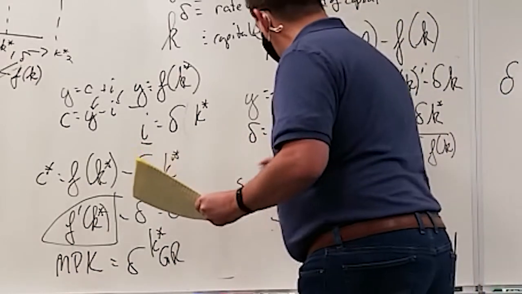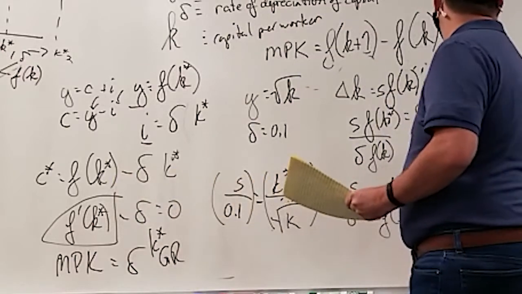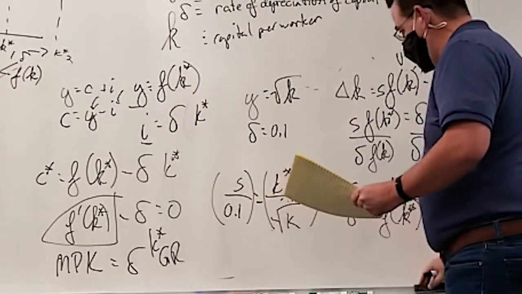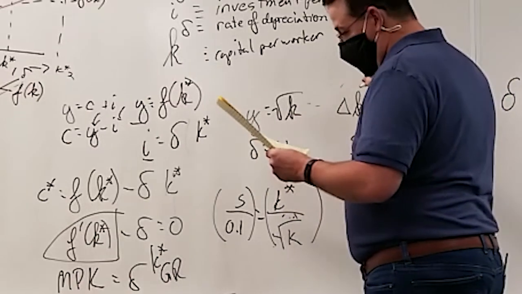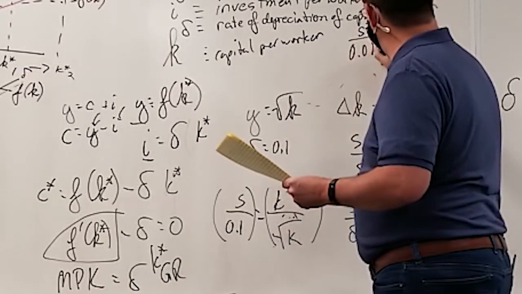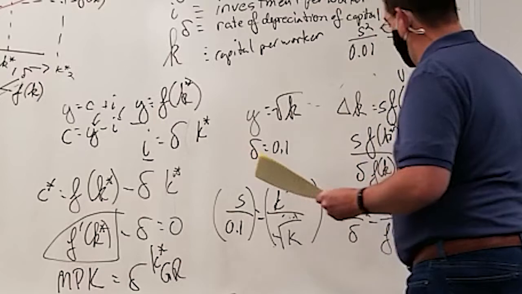If s over 0.1 is equal to k star over f of k star, and I want to solve for s, I'm going to substitute the square root of k in here. And what I can do is square both sides. I'm left with s squared over 0.01 is equal to k star.